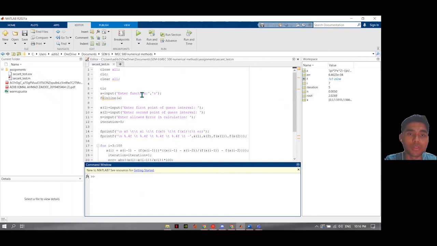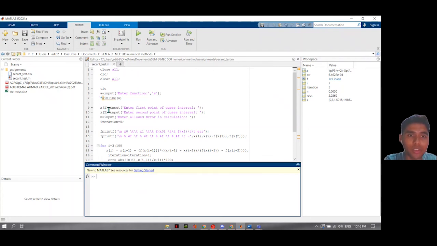So we assign the function with variable A, and for the 7th line, f, we want to call the function that we entered just now, so we put it in the inline function library.